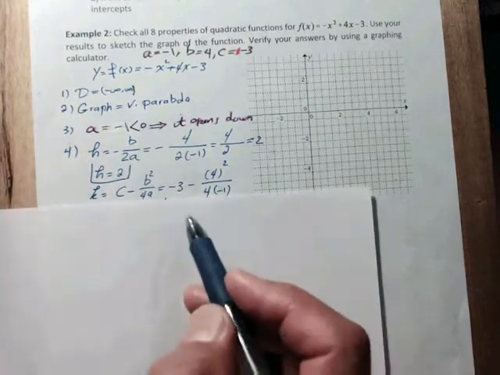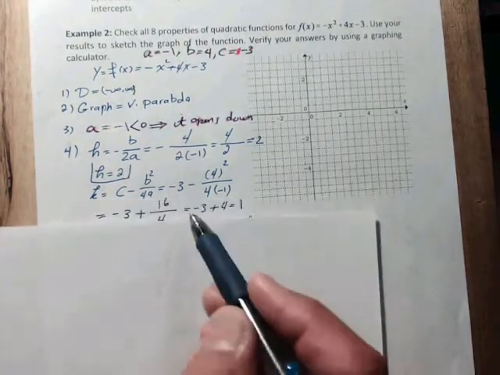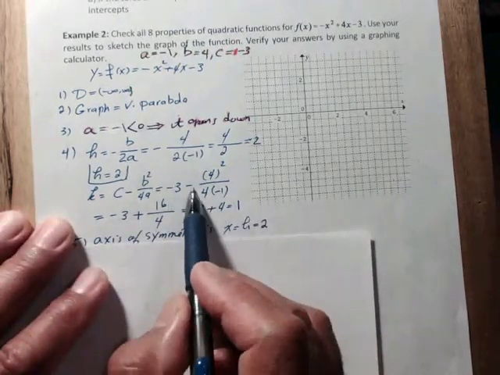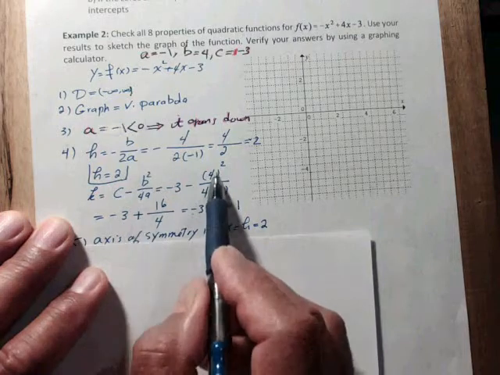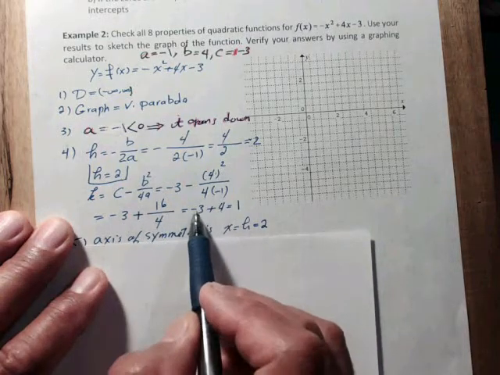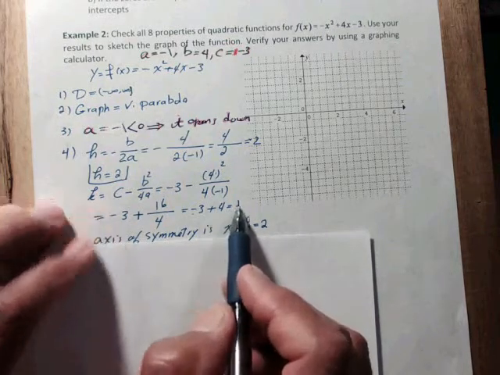This is a very elementary computation. You can do it with or without a calculator. If you simplify this, you get negative 3, and this minus and this minus give you plus 16. 4 squared is 16, over 4, which is 4. Negative 3 plus 4 is 1. So the k value is 1.